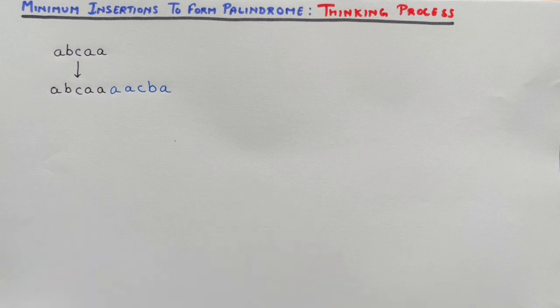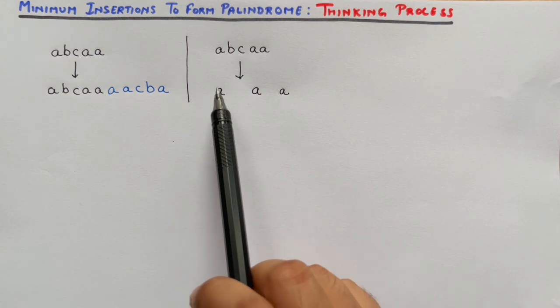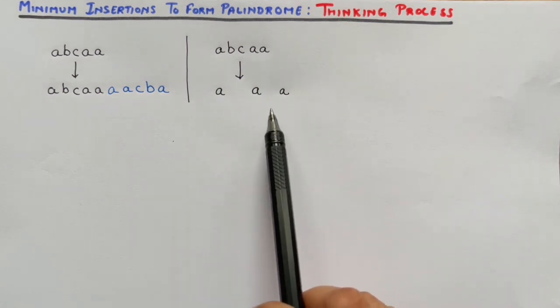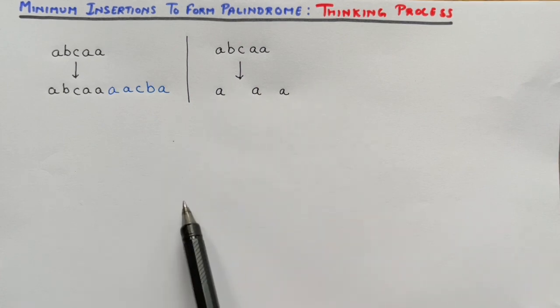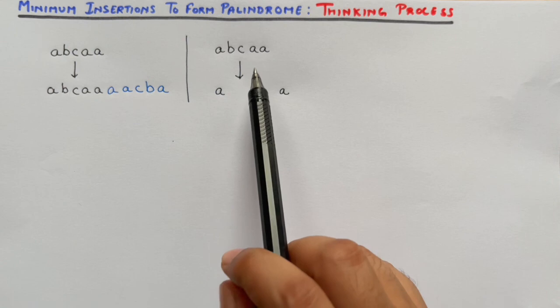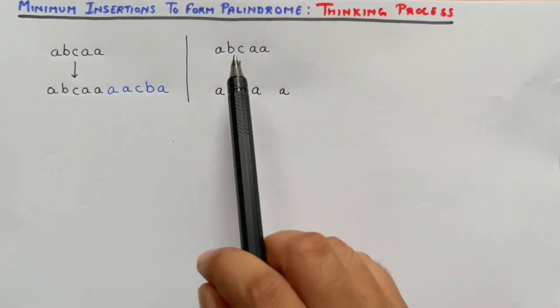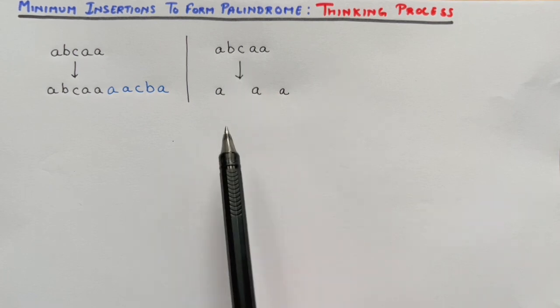So how can we optimize? Here I have extracted the 3 A's from the above string and written them separately because these 3 taken together already form a palindrome. So what is stopping this string from becoming a palindrome? This BC. So what can I do here to make this string a palindrome?